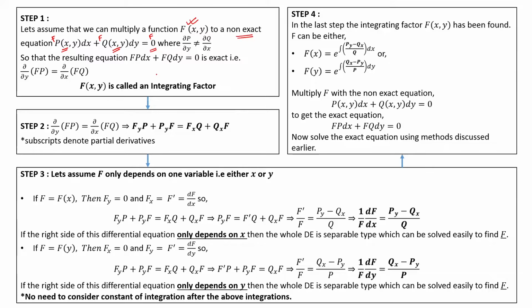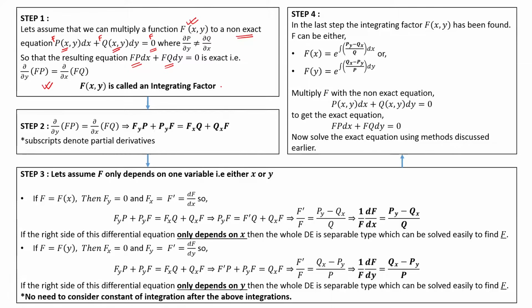And if we can find such a function F, so that by multiplying it to P and Q, this equation FP dx plus FQ dy becomes an exact differential equation, that is now the partial derivative of FP with respect to y and of FQ with respect to x are equal, then this F of x, y is called an integrating factor.